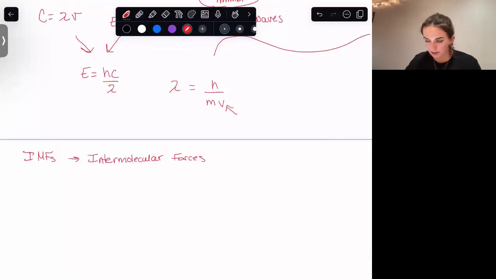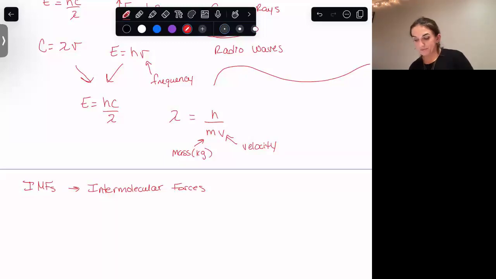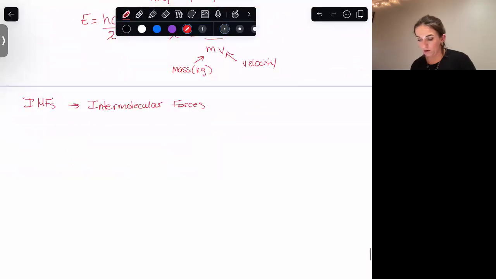Then this v here is your velocity. This v here is frequency. And this is mass in kilograms. Okay, so IMFs are intermolecular forces.